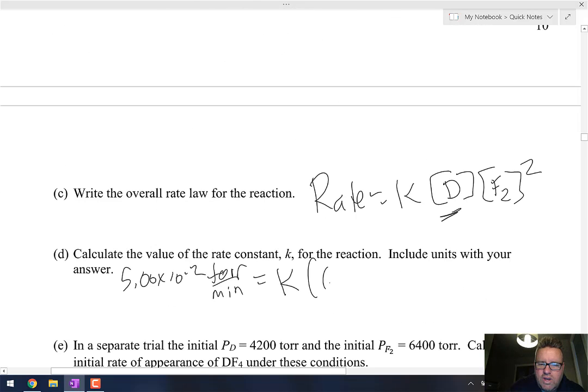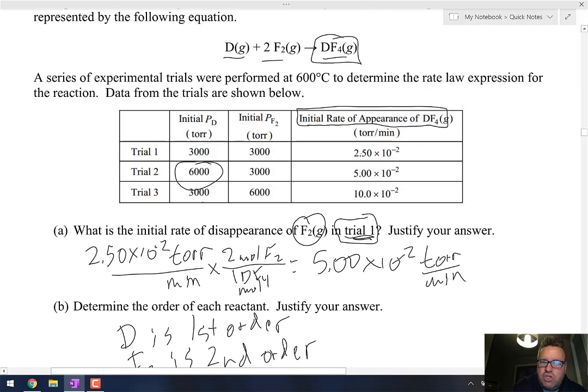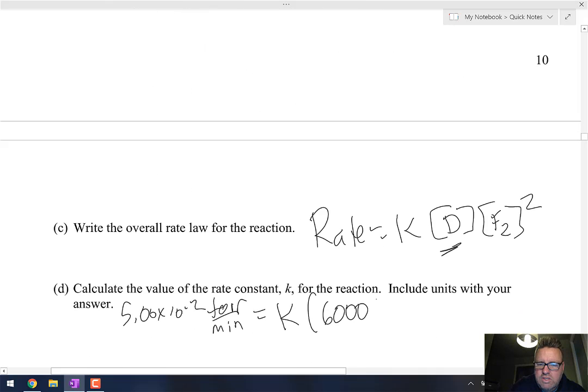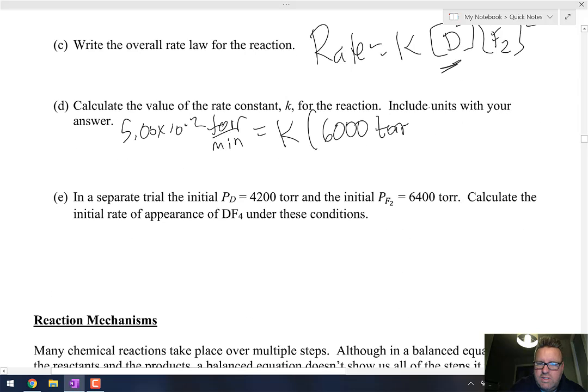So we're going to have 6,000, and that's in torr. Make sure you're consistent on your units here. So 6,000 torr times 3,000 torr, and that is, of course, squared because it's second order.